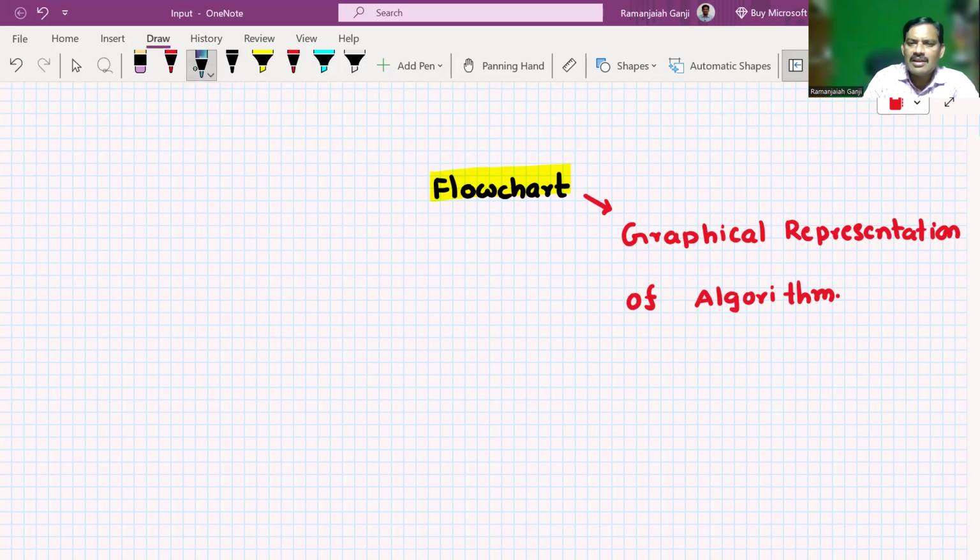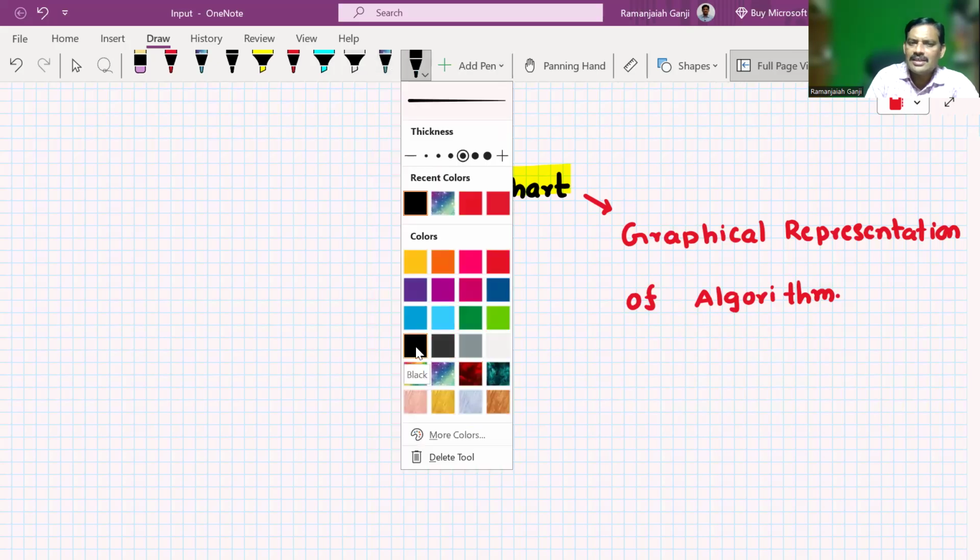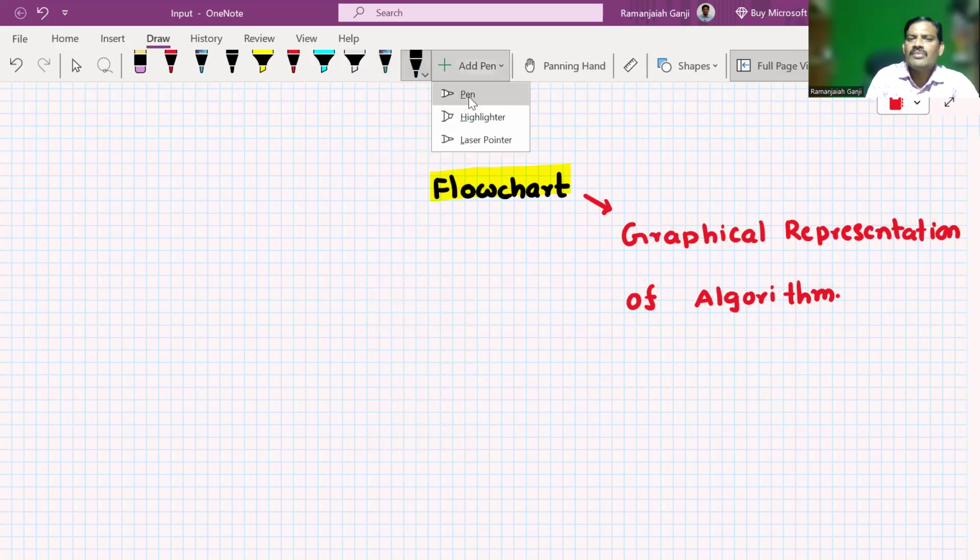A graphical representation of an algorithm is said to be a flowchart. A pictorial representation of an algorithm is said to be a flowchart.